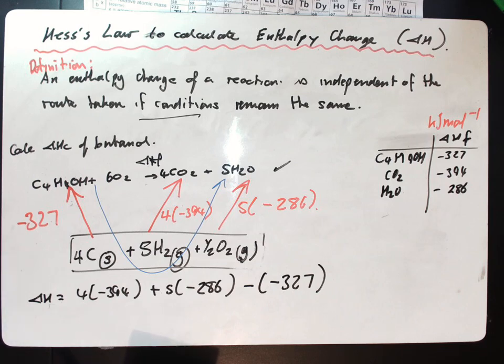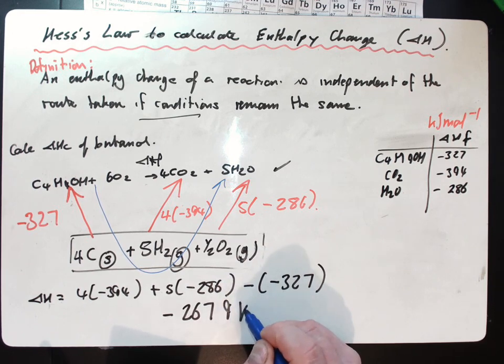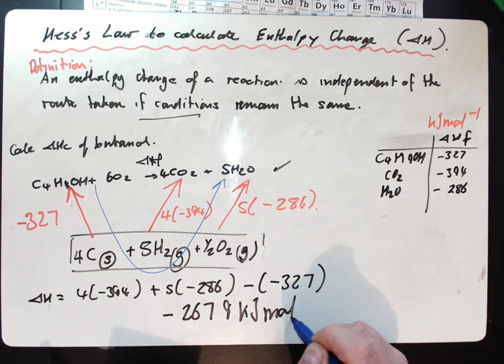So it's 4 times minus 394 plus 5 times minus 286 plus 327 gives us, let me do that again, 4 times minus 394 plus 5 multiplied by minus 286 plus 327 equals minus 2679, and that is in units of kilojoules per 1 mole.